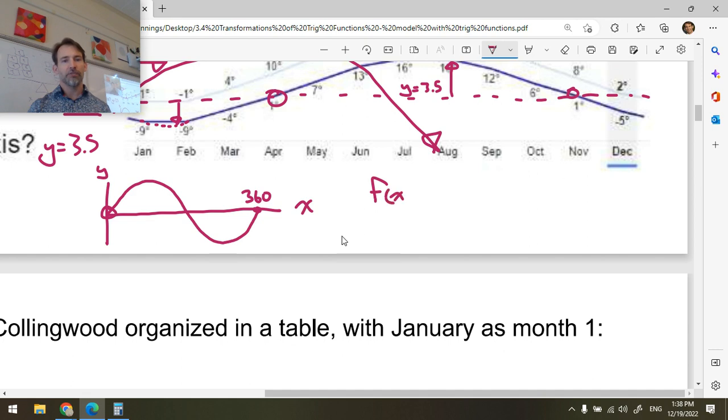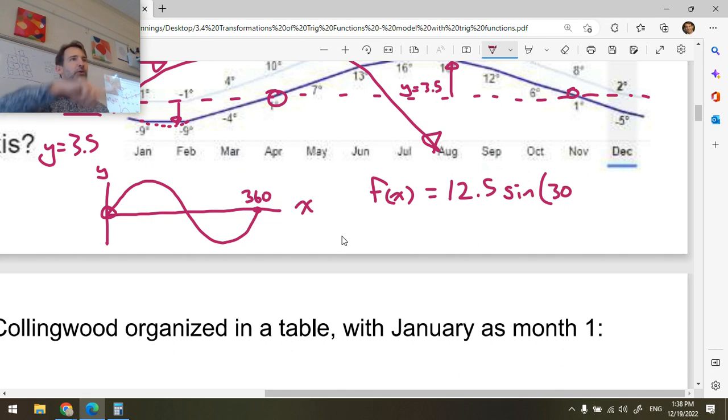F of x, where F is the low temperature of the year, and x is the month number, would be equal to, we said 12.5 was the amount of temperature swing from the hottest month to the average month, or from the coldest month to the average month, multiplied by sine of bracket 30.